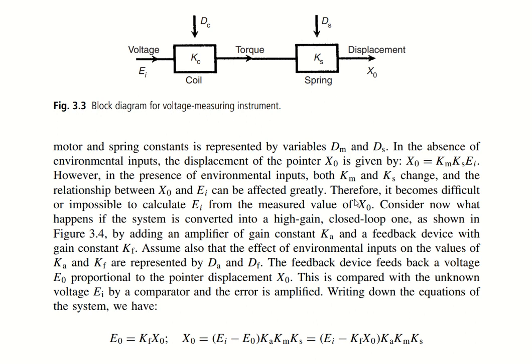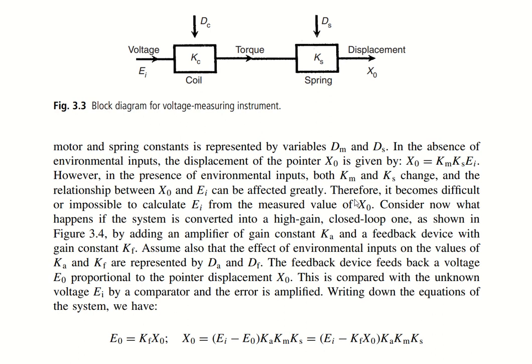So now consider what will happen if the system is converted into the high gain or closed loop one, right? This is still open loop. What will happen when you convert it to the high gain closed loop system? By adding an amplifier of gain constant K and a feedback device with gain constant Kf, assume also the effect of the environmental input on the values of K and Kf are represented by dA and dF.